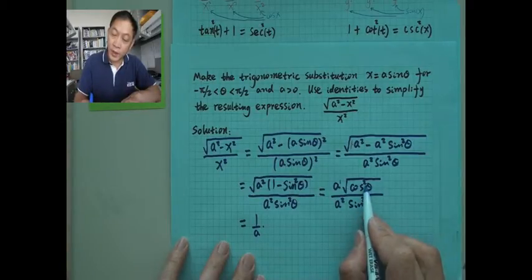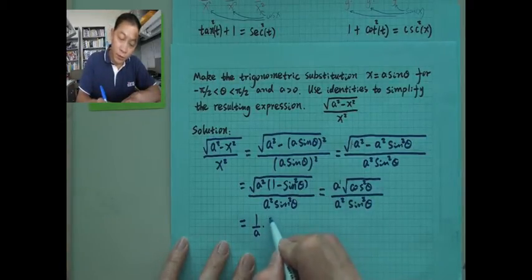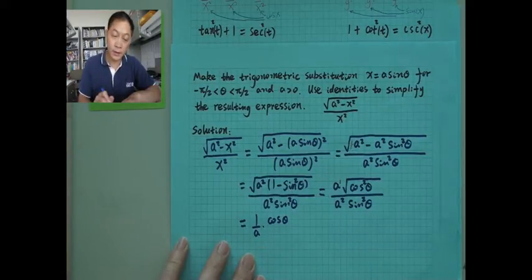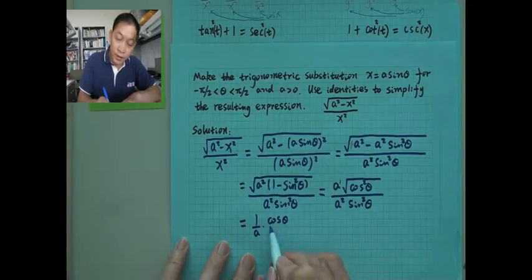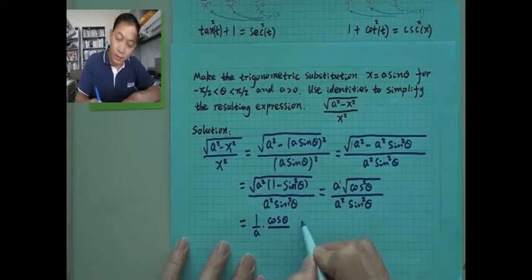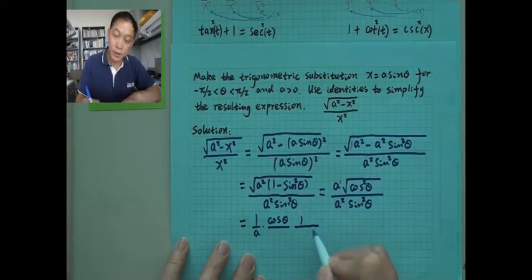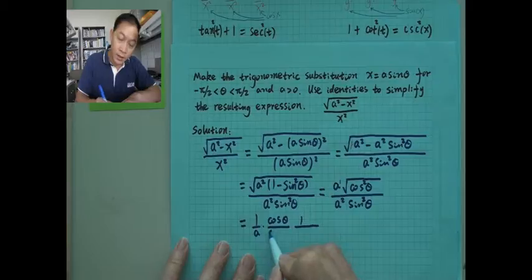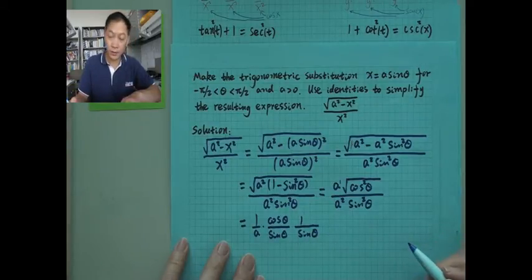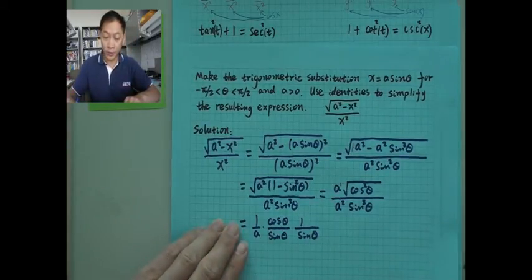Now cosine theta squared, choose radical. You have a cosine theta. And then you have a sine theta squared downstairs. You may write it like this: sine theta, sine theta. Why do we need to do that?